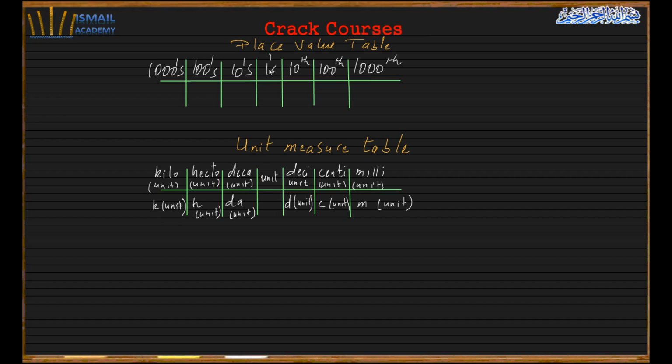As you see, here is the same behavior. There is no difference between this table and this table except the name, but kilo means 1000, hecto means 100, deca means 10, unit is 1. We have tenth, which is deci.